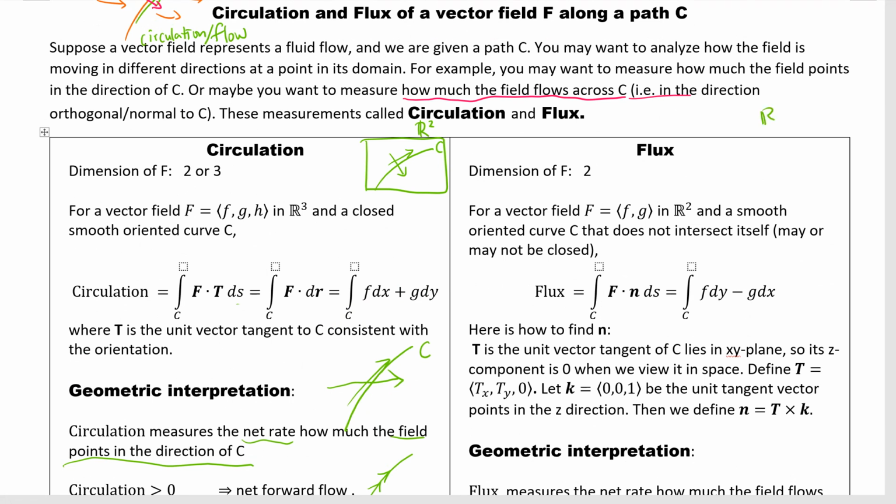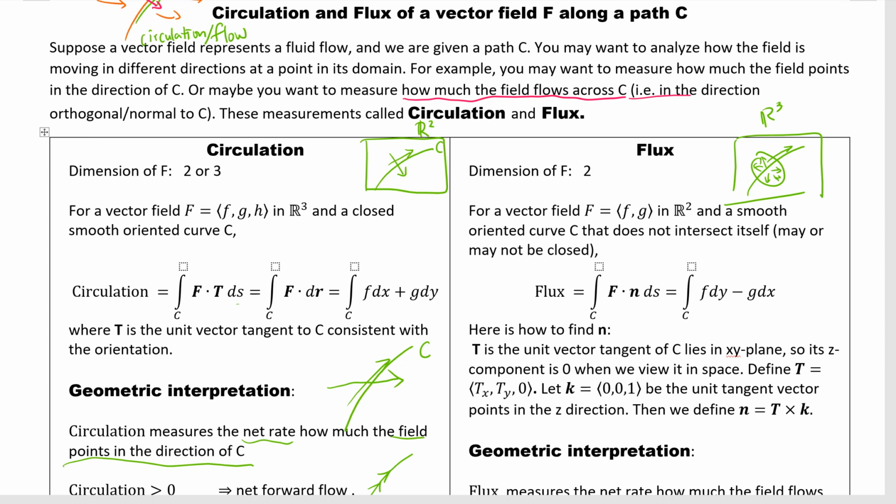But if it's in R3, well, we have a curve, then we can have a vector field going in the same direction, but for going across it, there are a lot of vectors that are orthogonal to it. So the direction across the path in space is not defined.